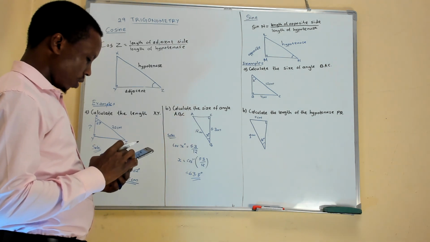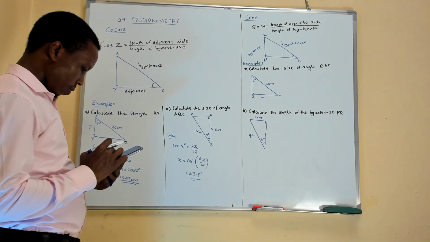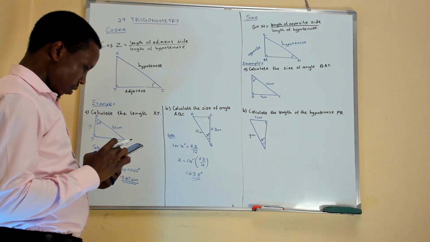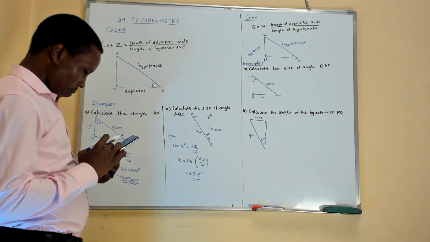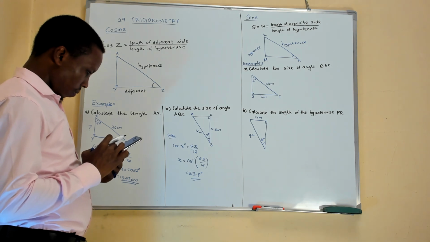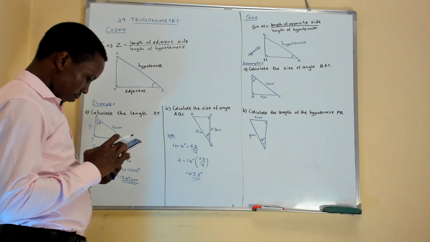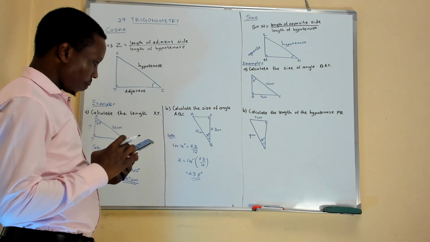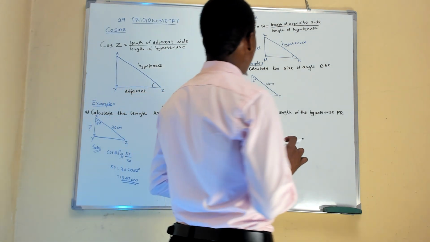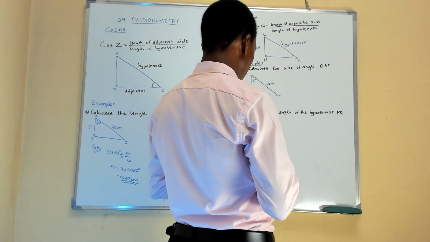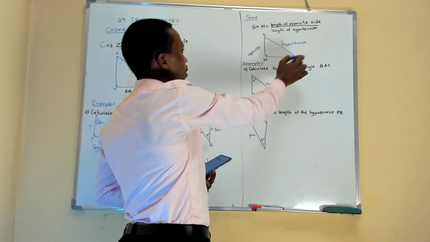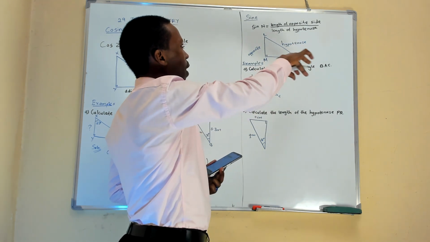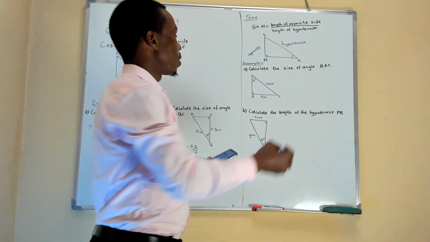Let's go to sine. So for sine, n, which is this angle, is length of opposite side divided by length of hypotenuse.